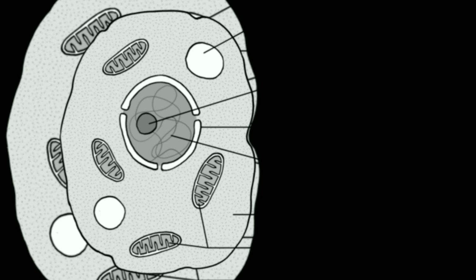Now the organelles. We have the nucleus, the control center, which directs cell activities, contains DNA, and is separated from the cytoplasm by the nuclear membrane. The nuclear membrane surrounds the nucleus, is made of 2 layers, and has openings that allow some material to enter and leave.